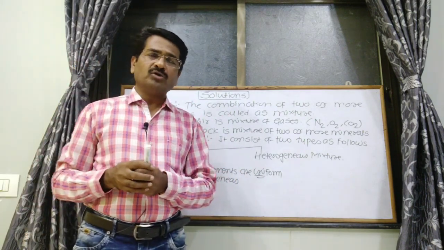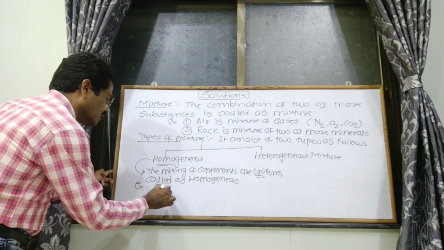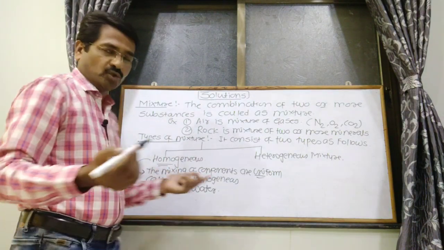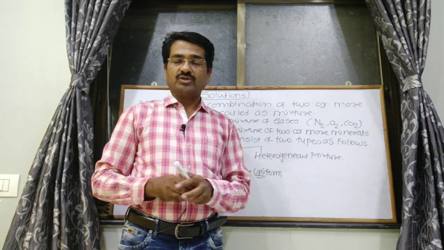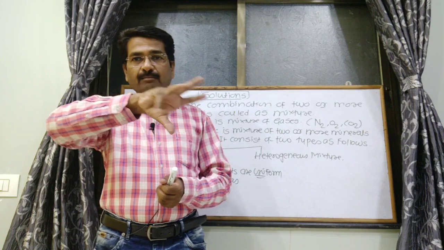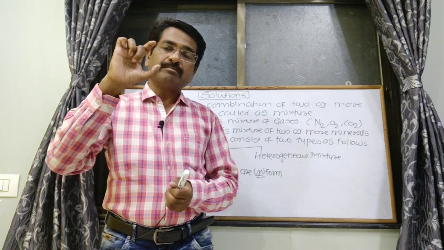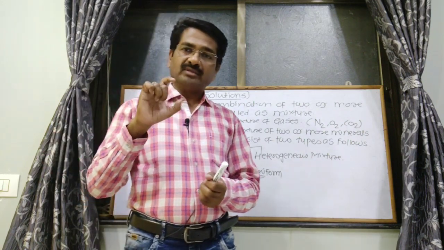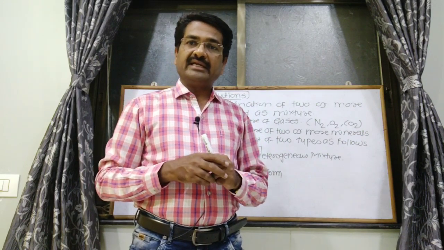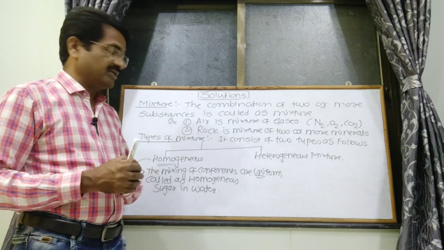For example of a homogeneous mixture, first example, sugar in water. That is the common example. Sugar solution. Whenever sugar is added in water, the sugar is completely soluble in water to form a homogeneous mixture. We cannot separate it easily. So sugar in water is a homogeneous mixture.